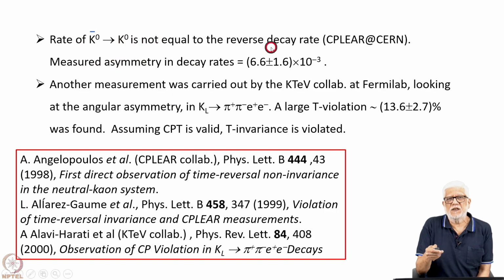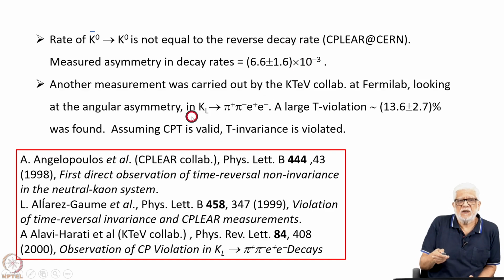So, the reverse decay rate is different, and the measured asymmetry in these decay rates is of the order of 7 times 10 to the minus 3. So, it is in parts per mil. This experiment was done in CPLEAR at CERN. These are the two papers that talk about this measurement.